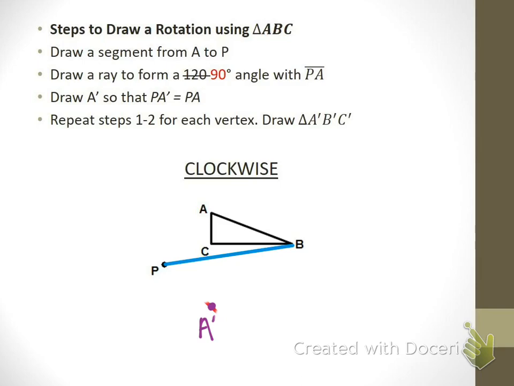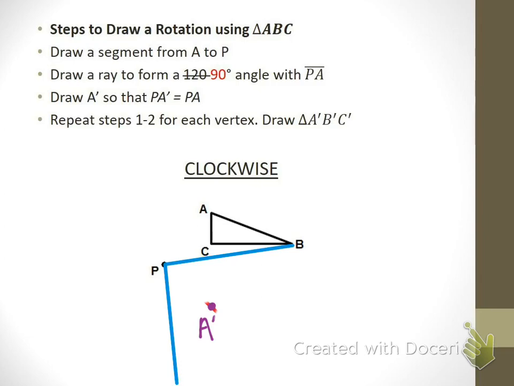And I have to make a right angle, again, going clockwise or down. Let's see, it's probably as close to a right angle as I'm going to get. And I need PB and PB prime to be the same length.